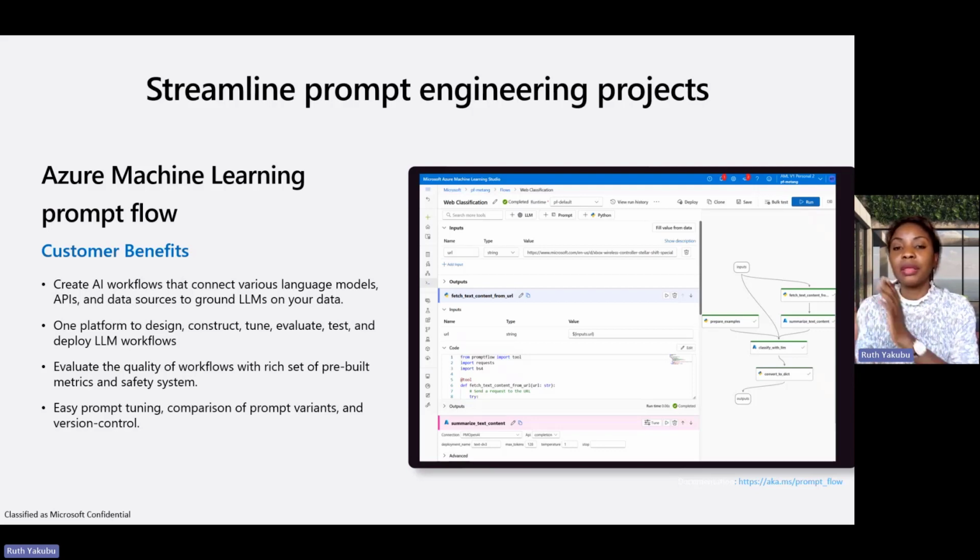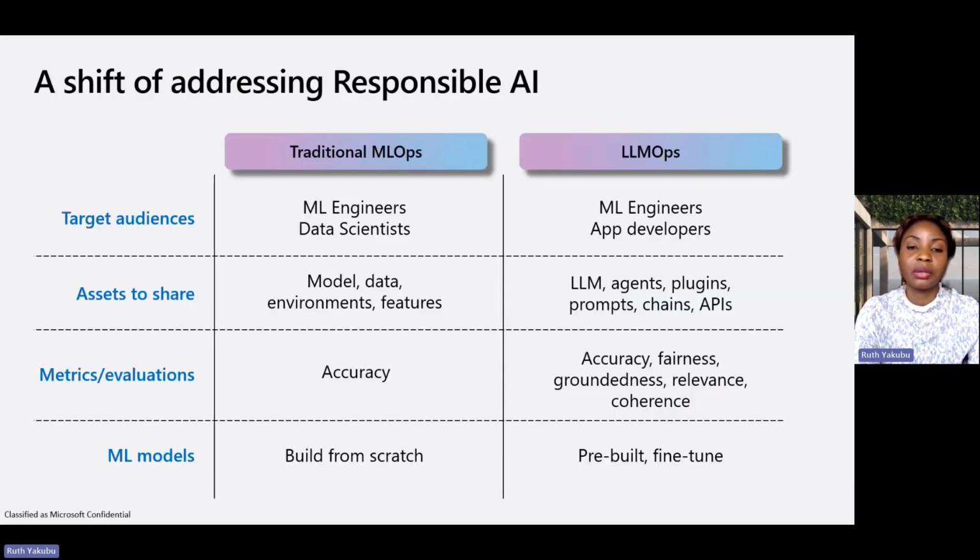Or let me create another variation of the prompt, tweak it a little bit and see how the model behaves. All of those actions that you would normally take programmatically, prompt flow does all of that in a very easy to follow and intuitive graphical representation or user interface.